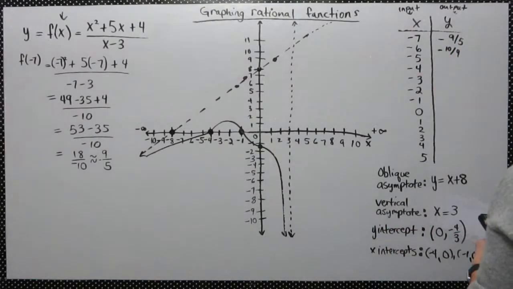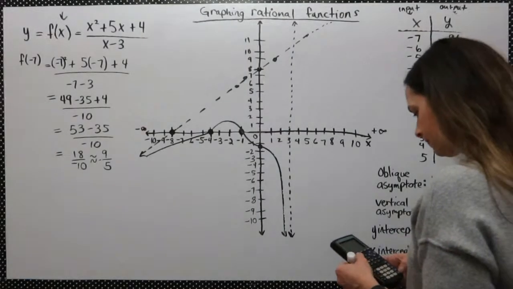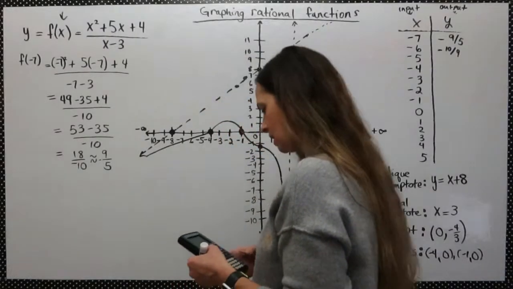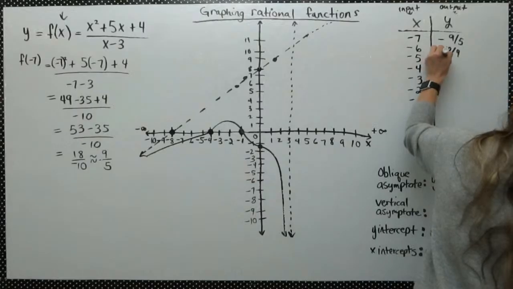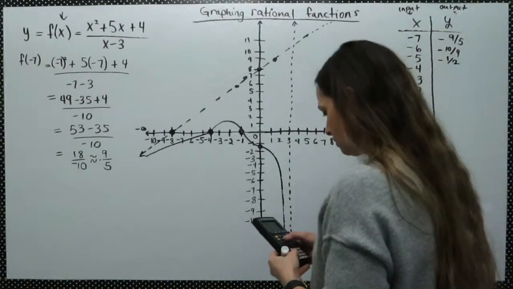And then so on and so forth. We'll do a couple more. -5 store for x. And it's -1/2. So -5 is -1/2. -4 store for x.